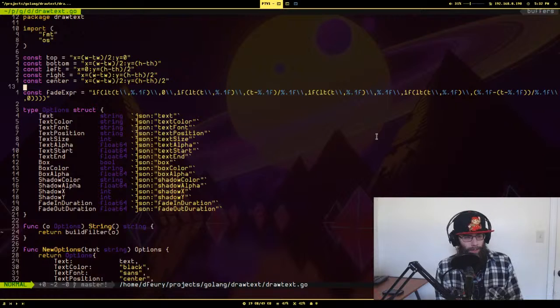Oh, wait. Okay, never mind. I think I actually understand this better now. If I'm correlating this expression here with the easing functions, this entire thing here is the X. Because when I think about it, there's nothing here.